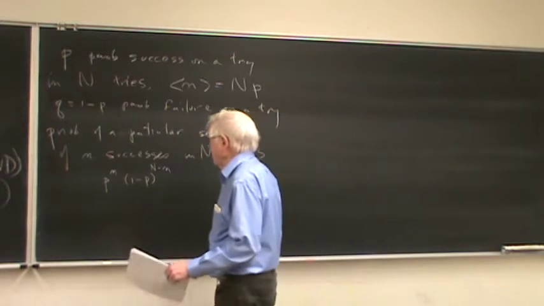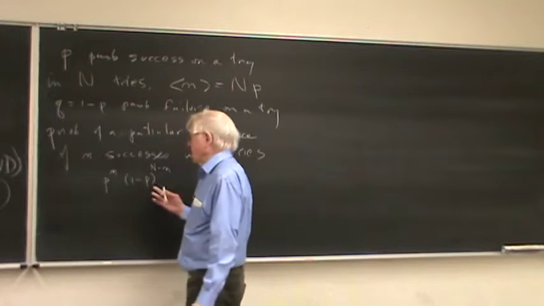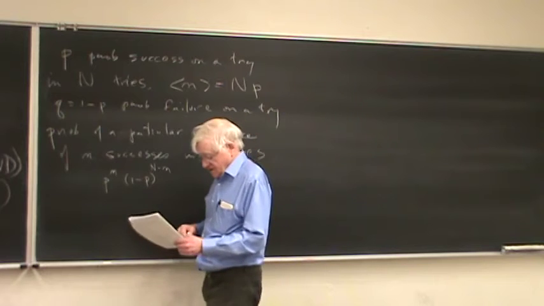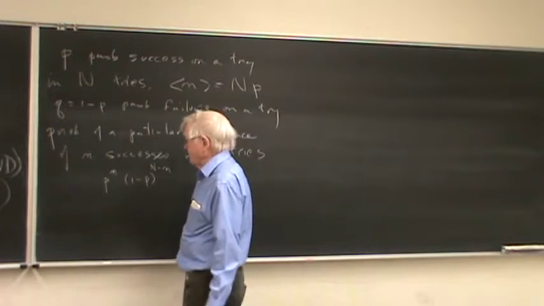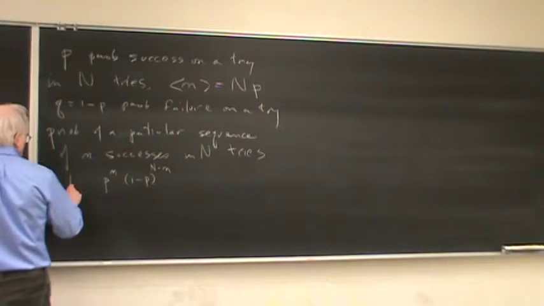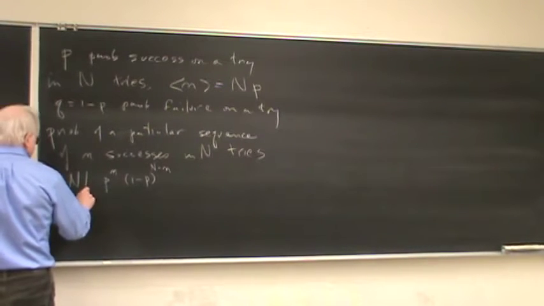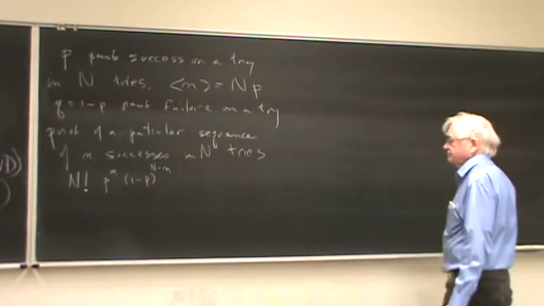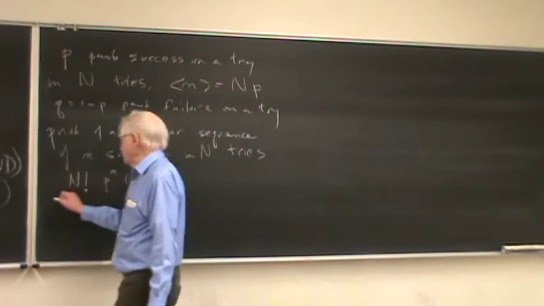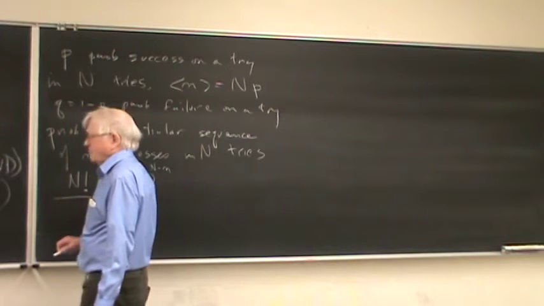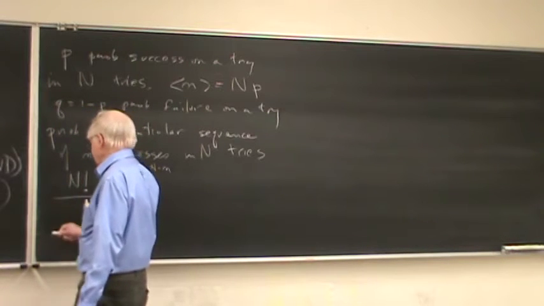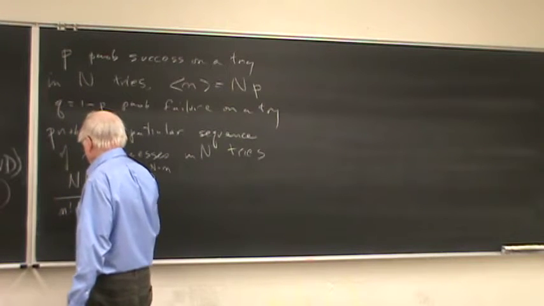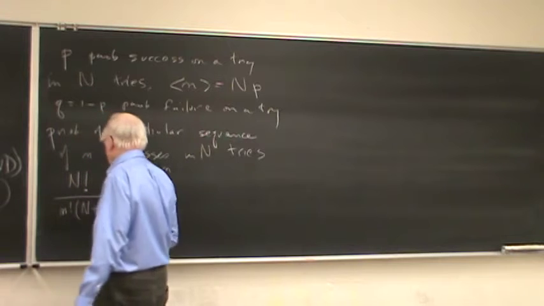On the other hand, there are lots of sequences of little n successes in big N trials. What is the total number of sequences? The total number of sequences is N factorial. On the other hand, we're not distinguishing among the successes, so we divide by little n factorial, and we're not distinguishing among the failures, so we divide by that.